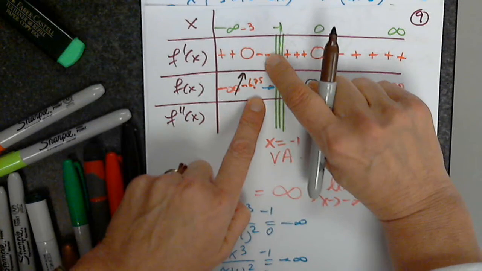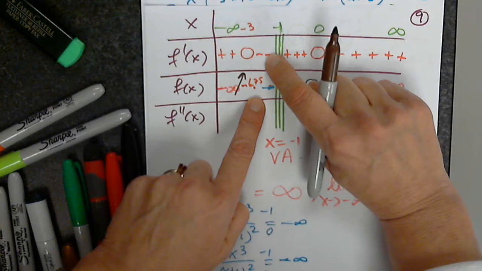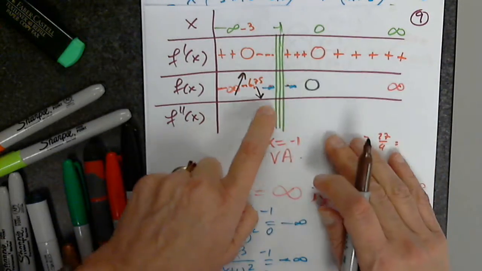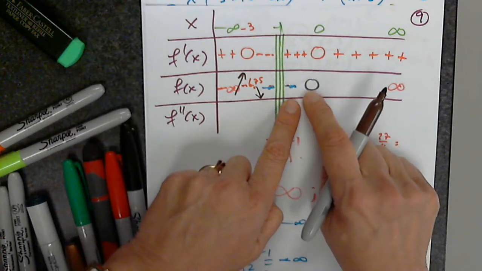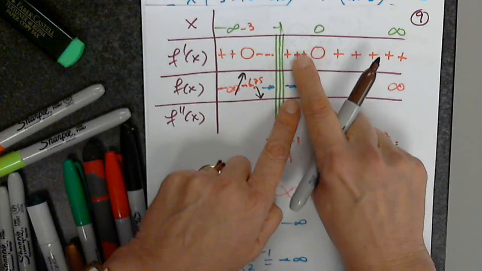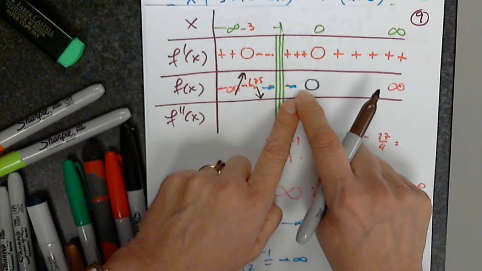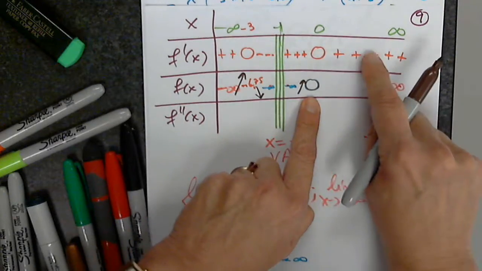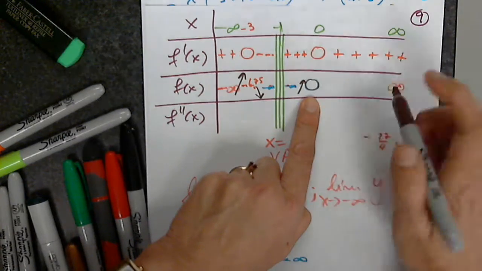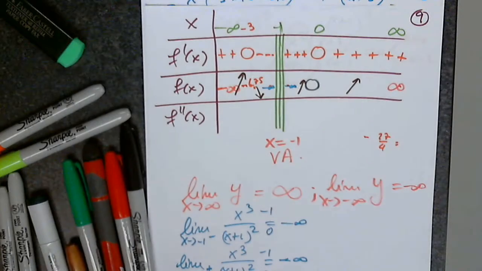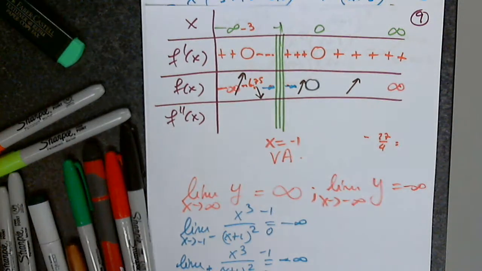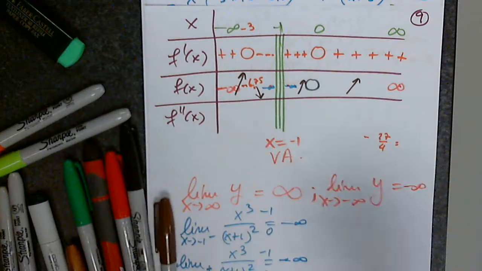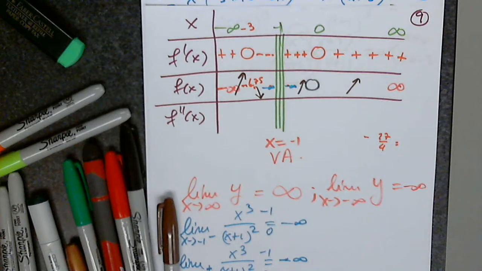Does the sign of the first derivative support that? From 0 to infinity, the function increases. Does the sign support that? Of the first derivative, yes. Any questions so far?